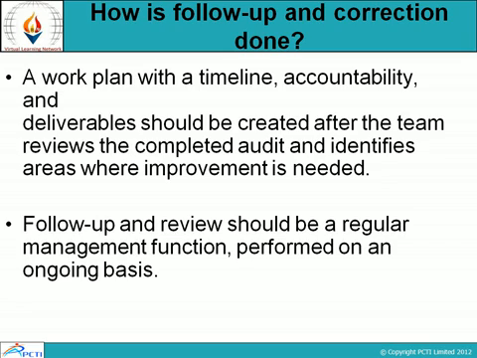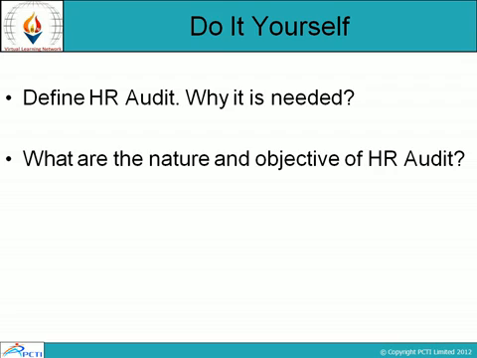Then follow up and review should be added, so a management function performed on the ongoing processes. So एक management process इसके अंदर enter नहीं होना चाहिए. This is an ongoing process, very much continuous, so that it didn't come into it.